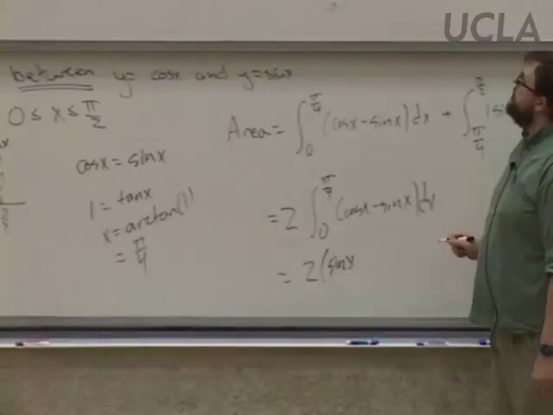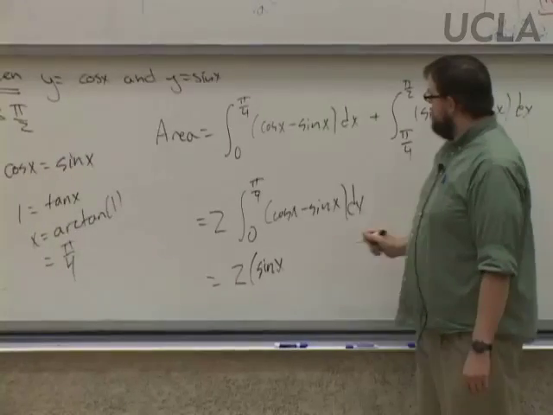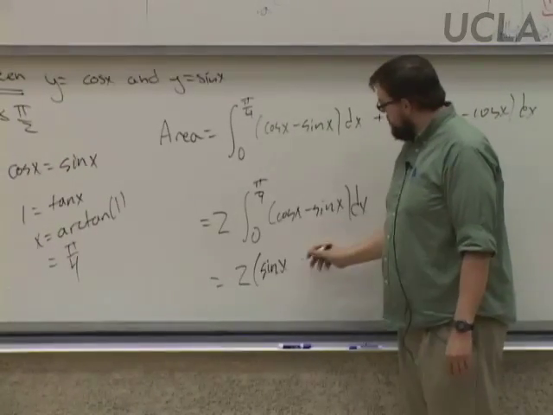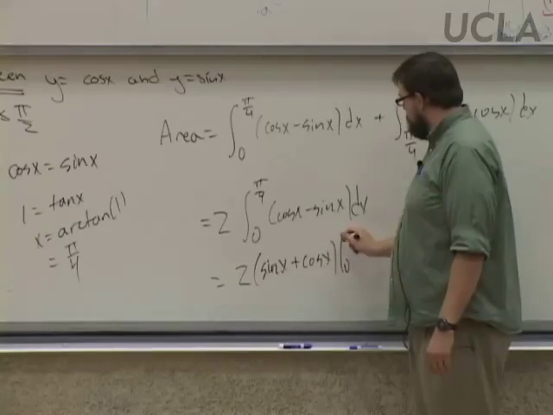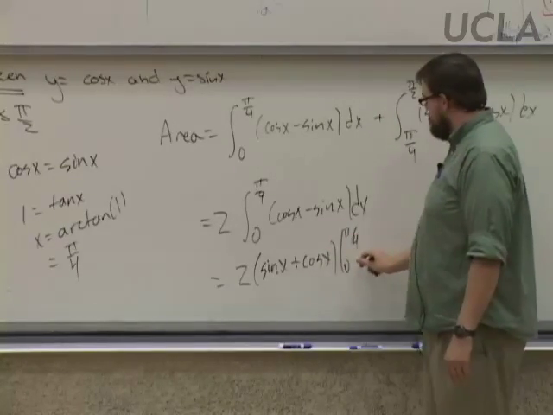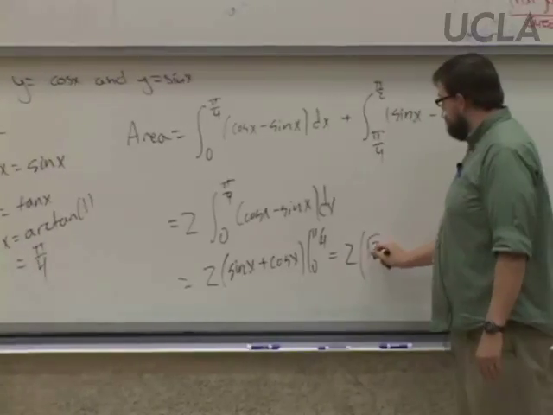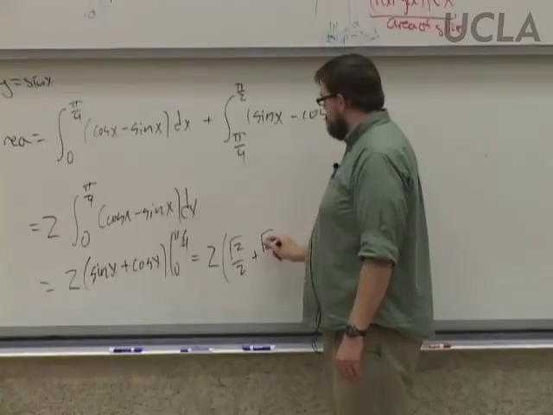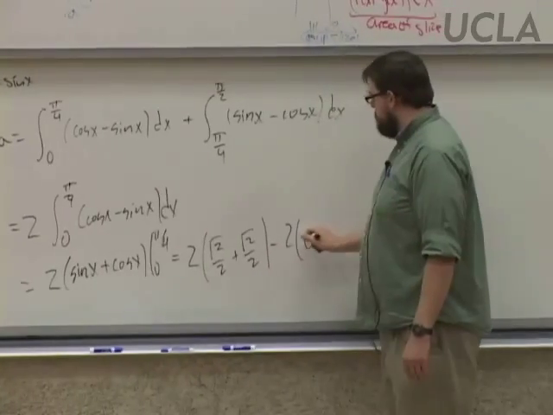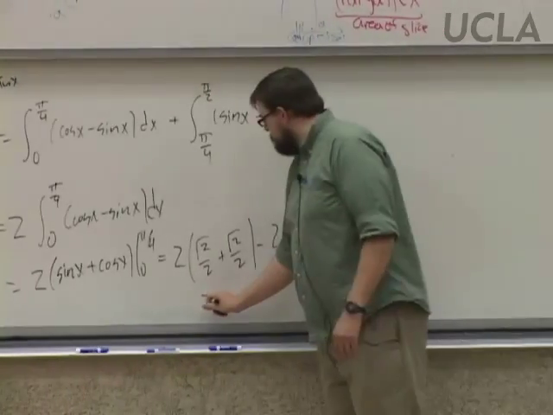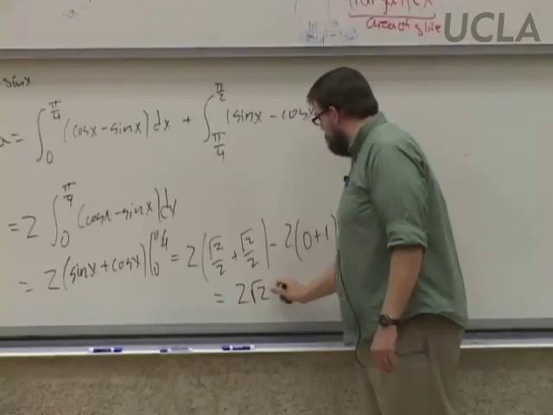What's the integral of sine? The integral of sine is negative cosine. So the integral of negative sine will become actually a positive cosine. Then we evaluate from 0 to pi fourths. So that's 2 times root 2 over 2 plus root 2 over 2 minus 0 plus 1. So we end up with 2 root 2 minus 2.